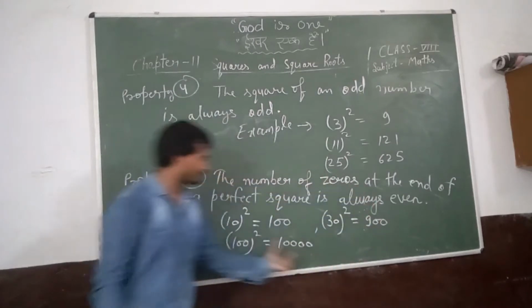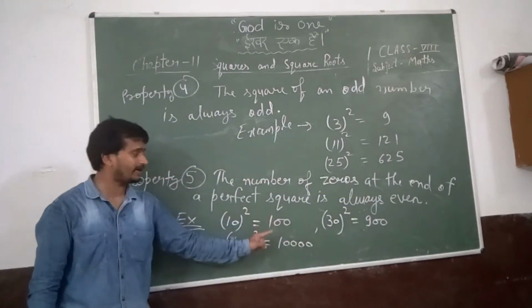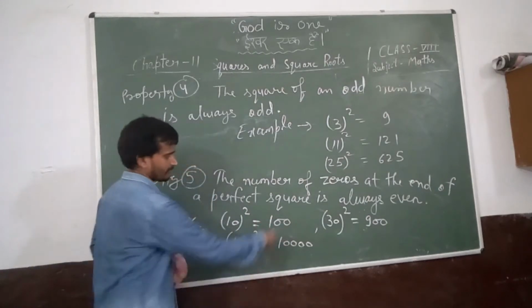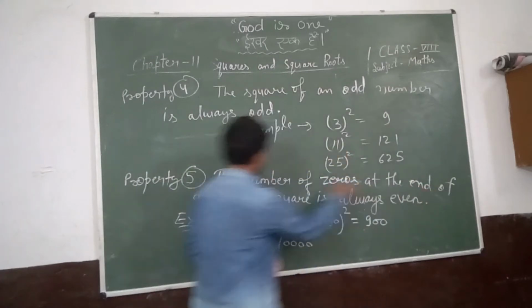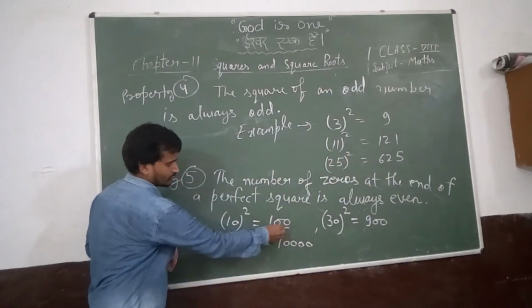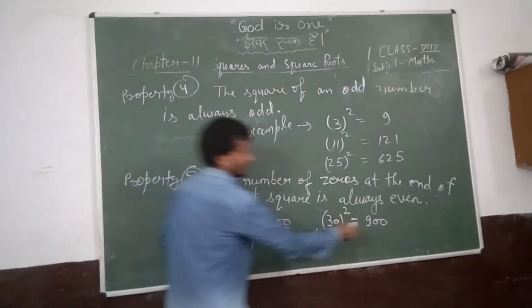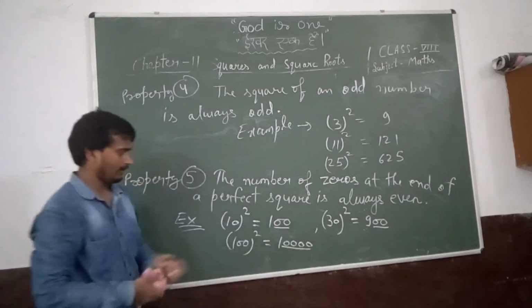What we observe here, the square of the perfect square have always even the number of zeros at the end. 2 zeros, 2 zeros, 4 zeros.